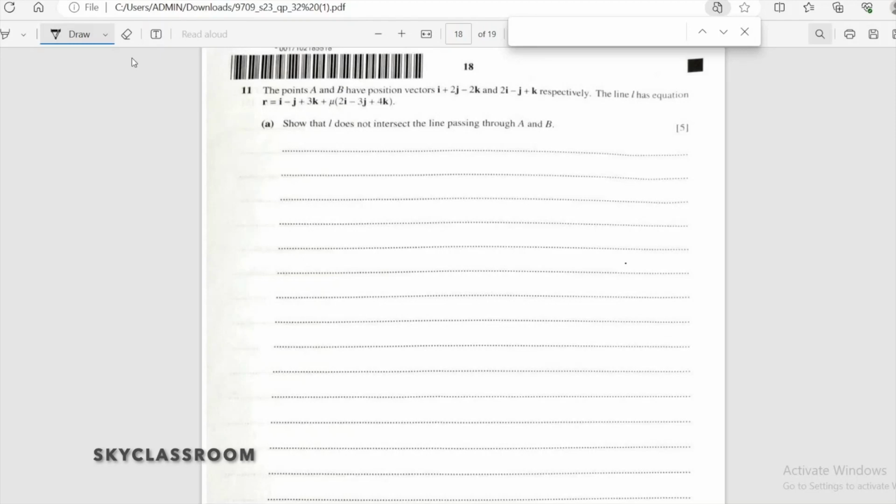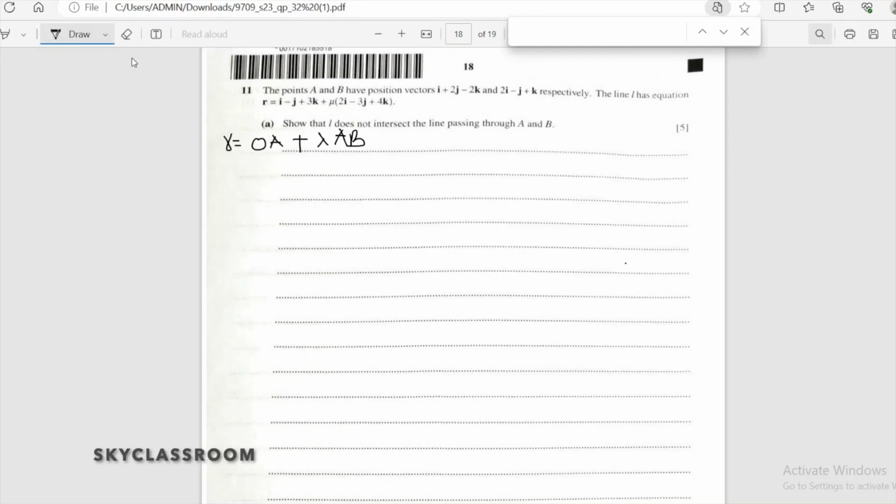Let's find the equation of the line for points A and B. The vector equation of a line has this format: r equals OA plus lambda AB.